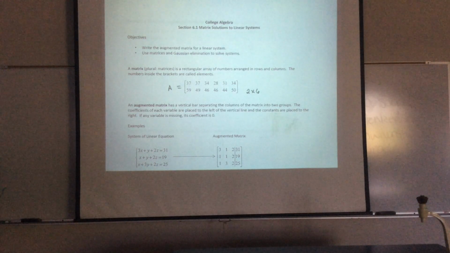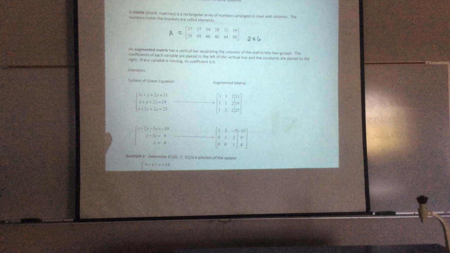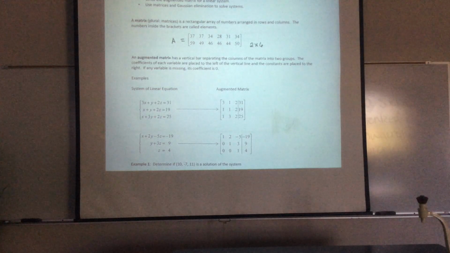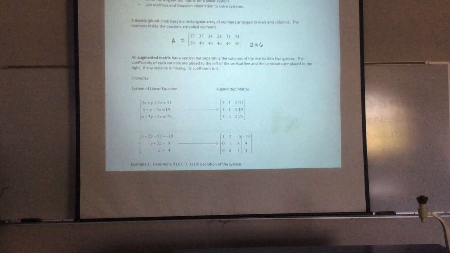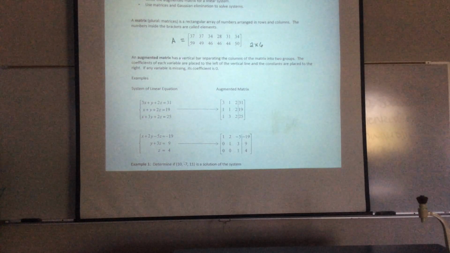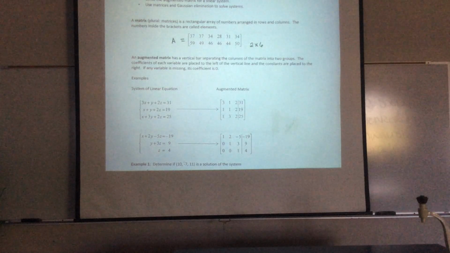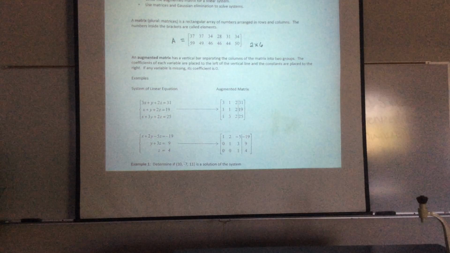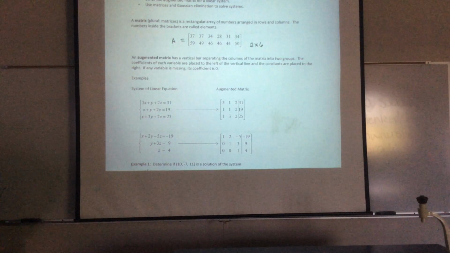Now, an augmented matrix has a vertical bar separating the columns of the matrix into 2 groups. The coefficients of each variable are placed to the left of the vertical line, and the constants are placed to the right. If any variable is missing, then we have a 0 coefficient for that missing variable.